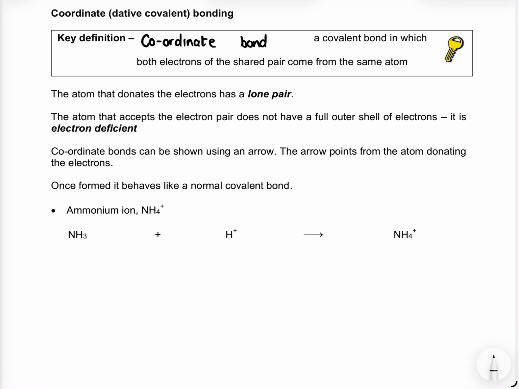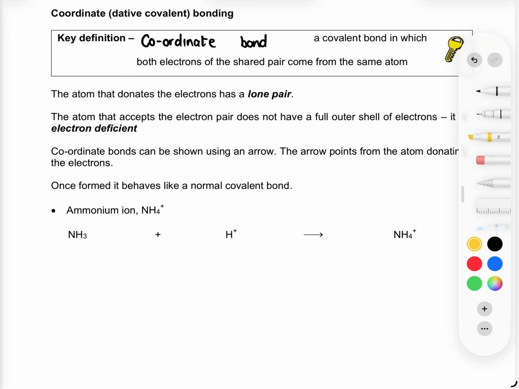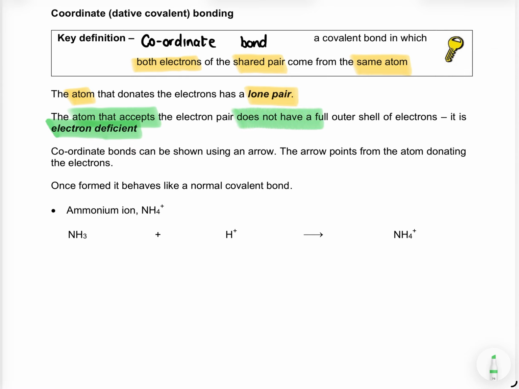So a coordinate bond is a covalent bond in which both electrons of the shared pair come from the same atom. The atom that donates has a lone pair, and then the atom that accepts is electron deficient, doesn't have a full outer shell.